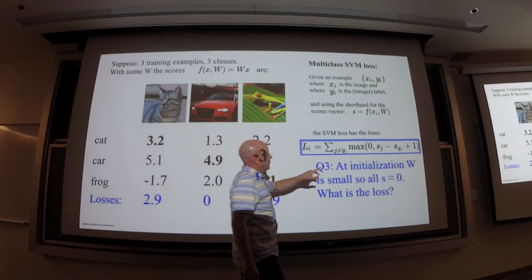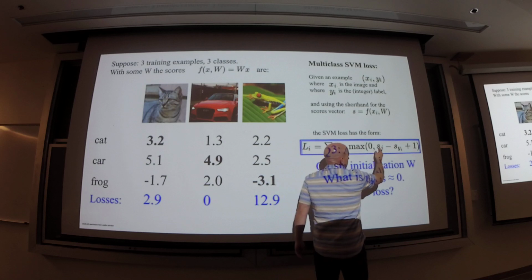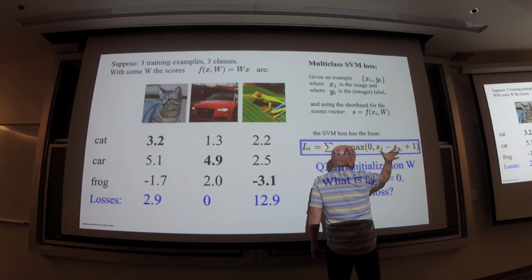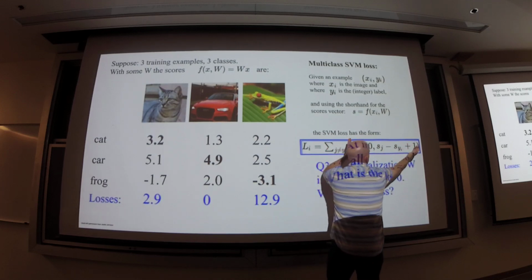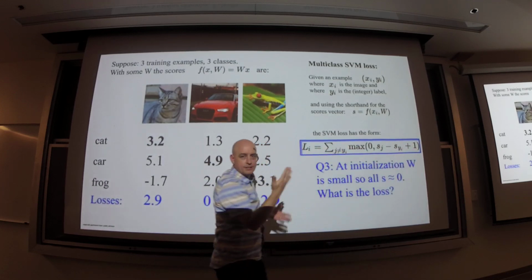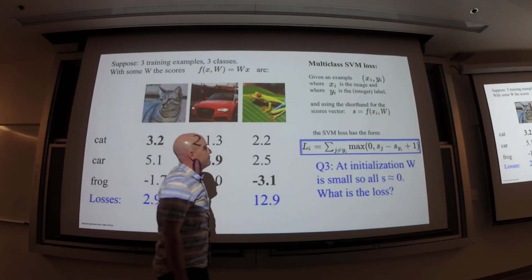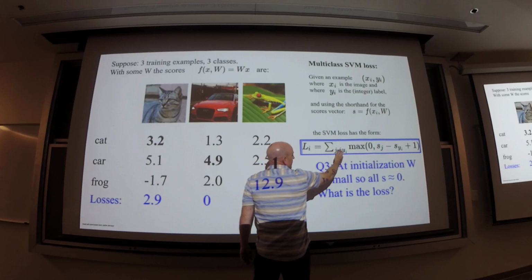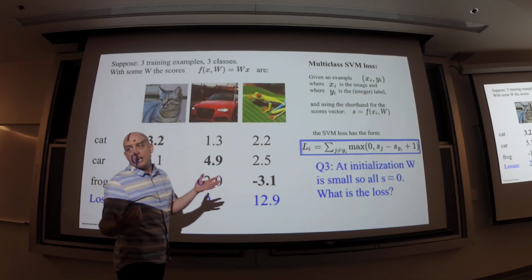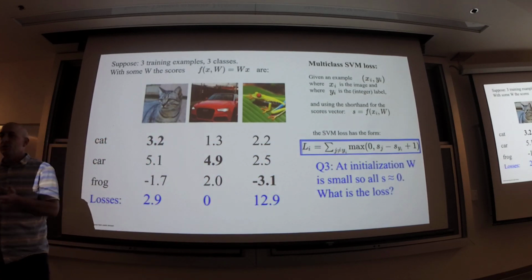Okay, so yeah, if all the s's are small, then this term right here is essentially 0. This is a 1, so each of these terms is contributing essentially a 1. It's going to be close to 1. And how many 1s are there? In this case, there's 2, but in general, if you have n classes, how many 1s will there be?